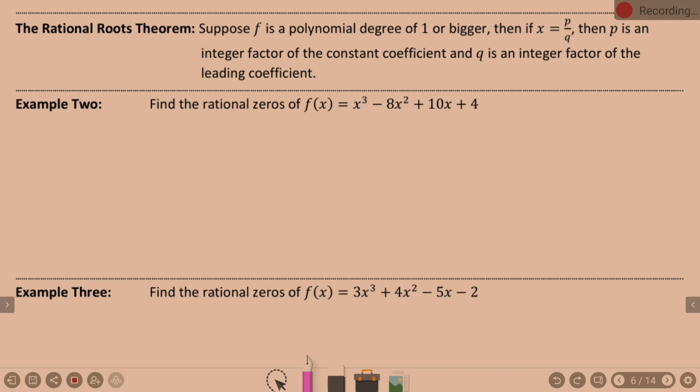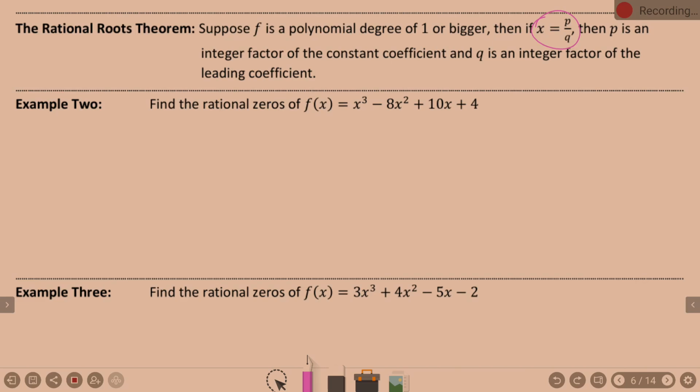Okay? P over Q. Example 2 asks us to find the rational zeros of this given function. Okay? When they ask us, specifically here, they're asking for rational. So we're not even being asked to find all real ones in this one. We just want rational. So I don't want any irrational ones.